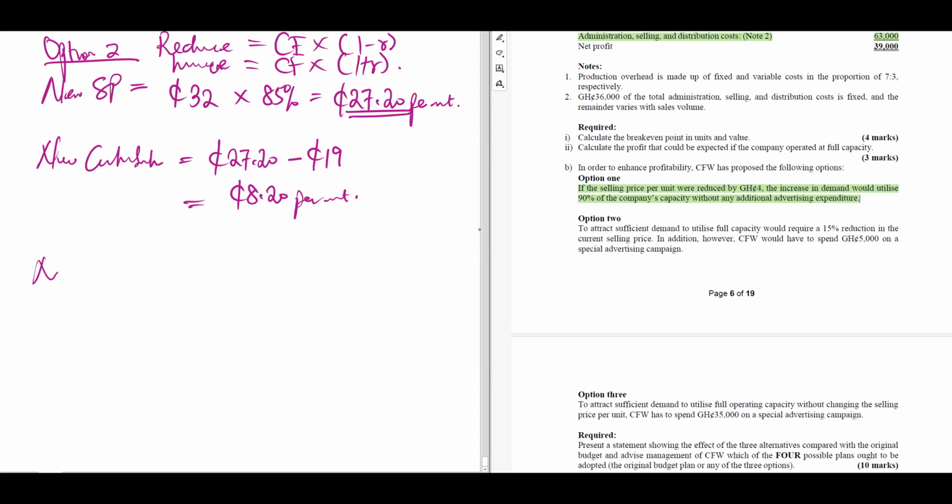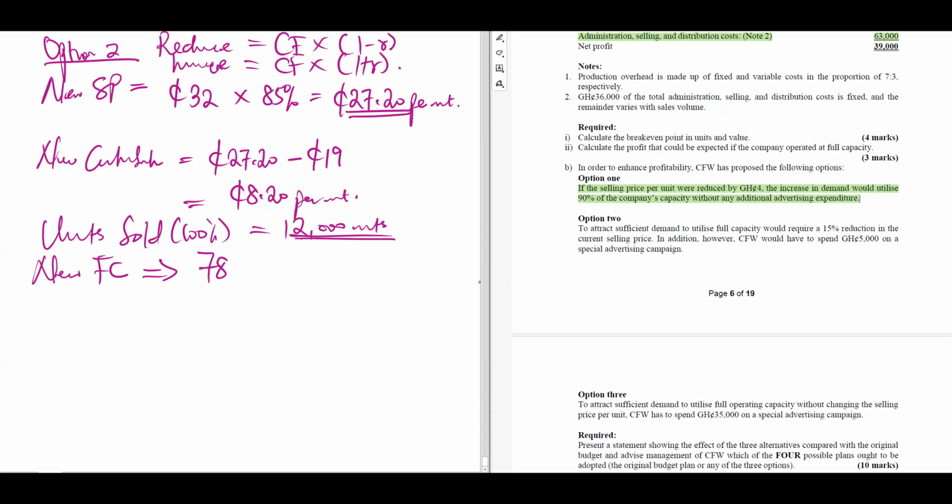And then did something happen to our fixed cost? What's our new fixed cost? They said we will utilize full capacity, meaning the units sold will be 100%, which is equivalent to the 12,000 units. Full capacity. So for the new fixed cost, they said we'll have to spend an additional 5,000 on a special advertising campaign.